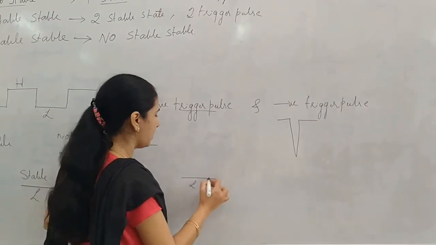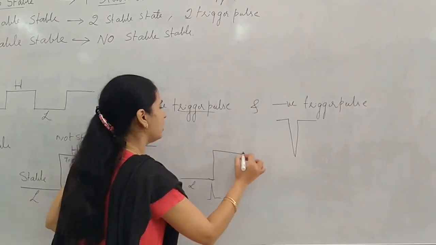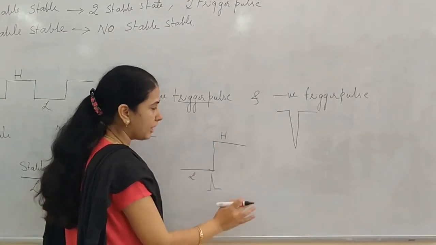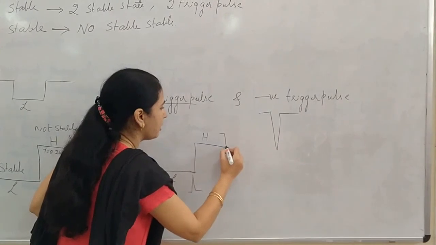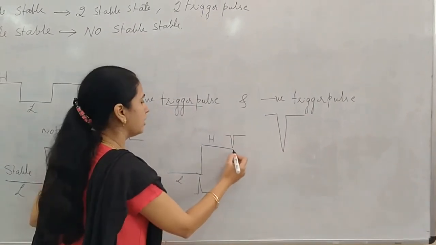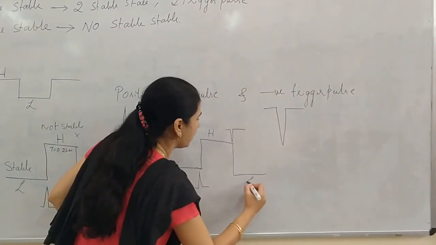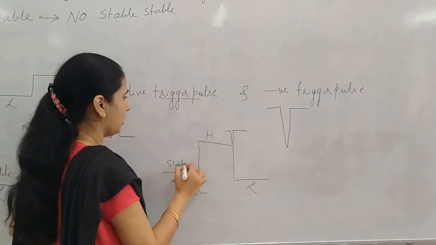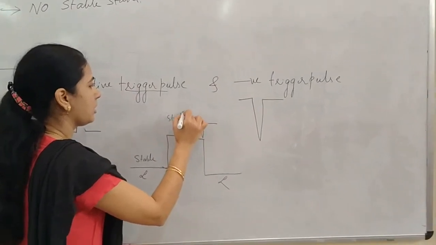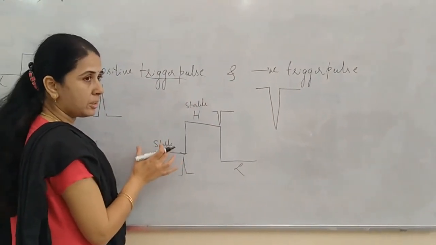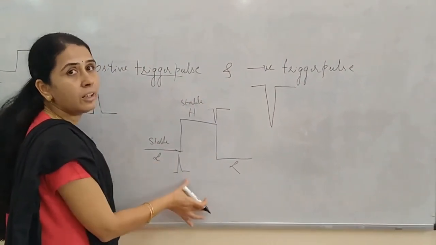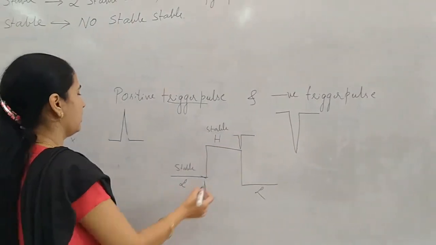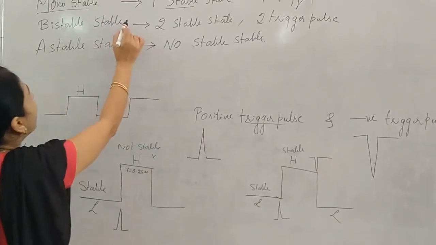Once a triggering pulse is given, it makes a transition to the high state. And here in the high state, we will not fix any time. It will wait for the trigger pulse. Once the trigger pulse is given, it will make a transition to the low state. That means this is also a stable state and this is also a stable state. It is called a stable state because it remains in the same state until we give a trigger pulse. So there are two trigger pulses in the bistable multivibrator.